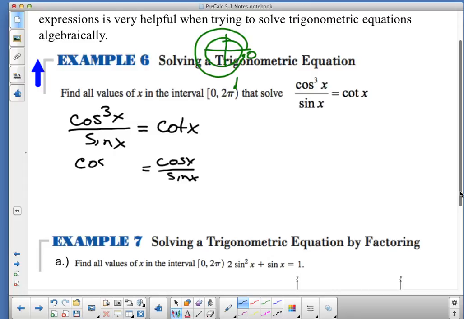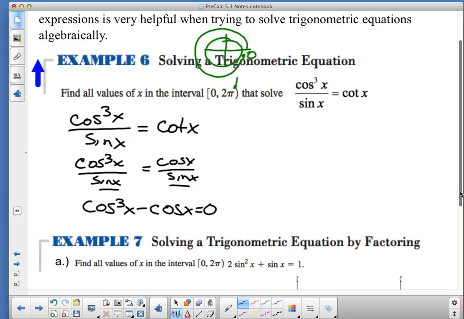And this is cosine 3x over sine x. So at this point, I can drop the sine x's since they are the same, and I can just take them out, but I have to look back at them for restrictions later when I've finished solving the problem. So now I've got cosine 3x minus cosine x as well.